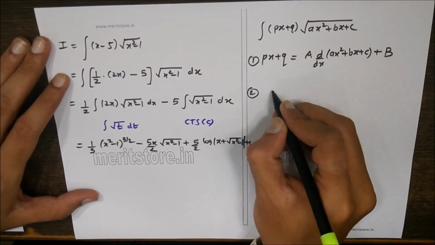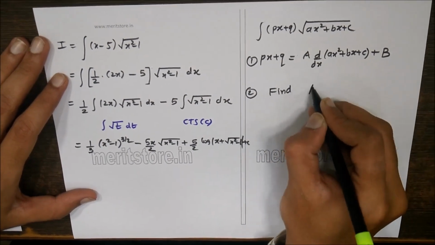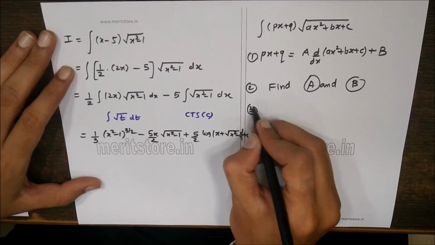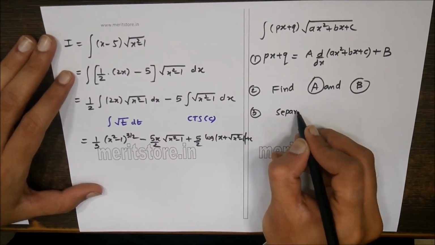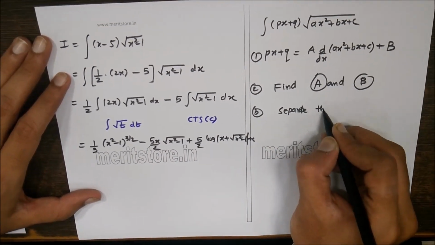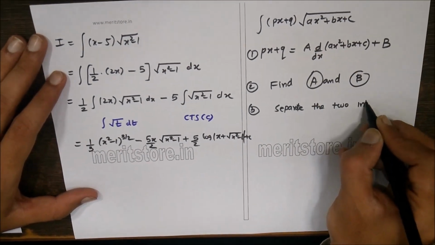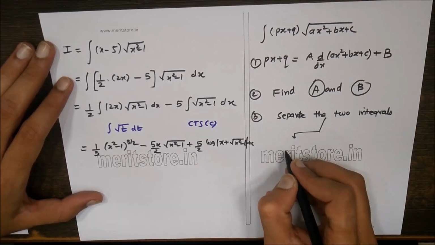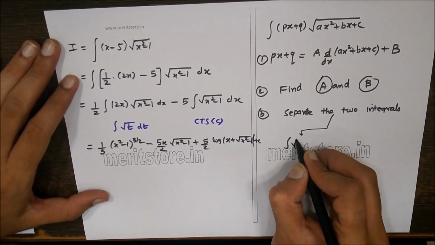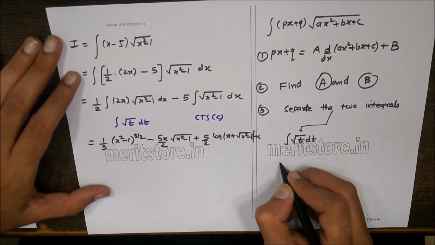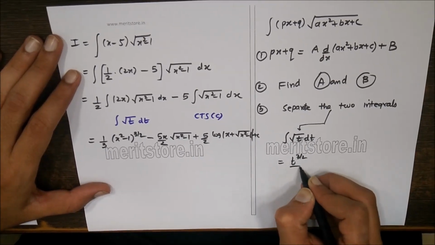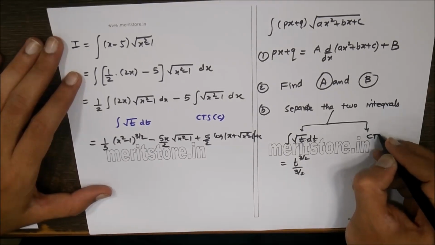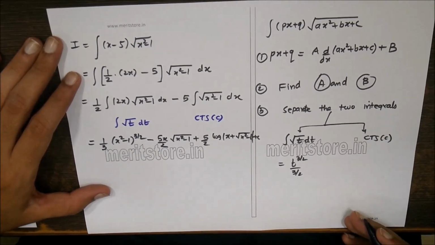Step 2, we'll find a and b. Step 3, separate the two integrals, and always the first integral would be of the category integral of root t dt, which will convert to t raised to 3 by 2 upon 3 by 2, and the other part would always convert to CTS type C.